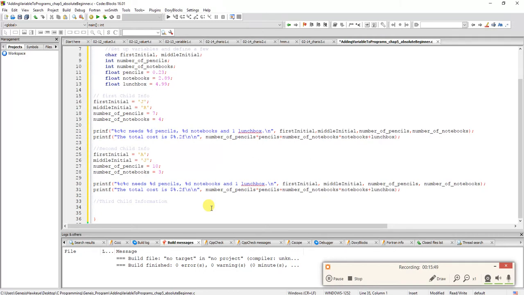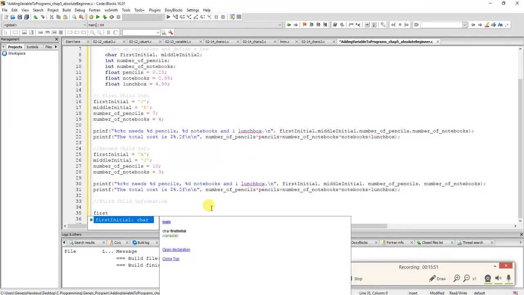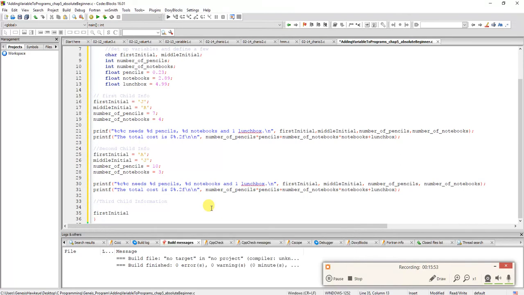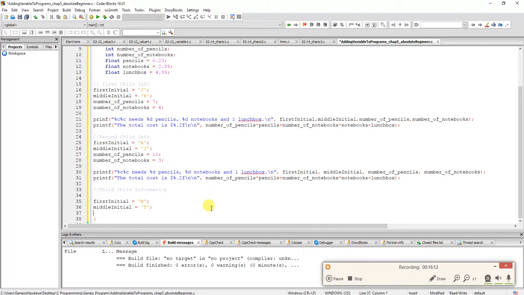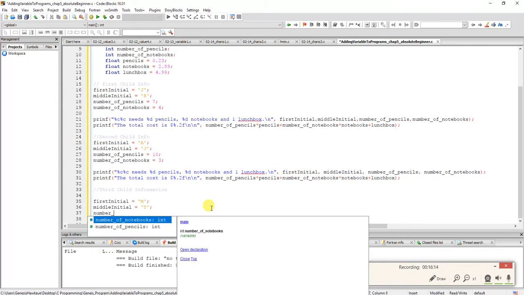And we're gonna do the same thing here. The first initial of the third child is gonna be M in our statement. The middle initial of the third child is going to be T in their statement, and the number of pencils he needs, or she needs, don't know what MT is.